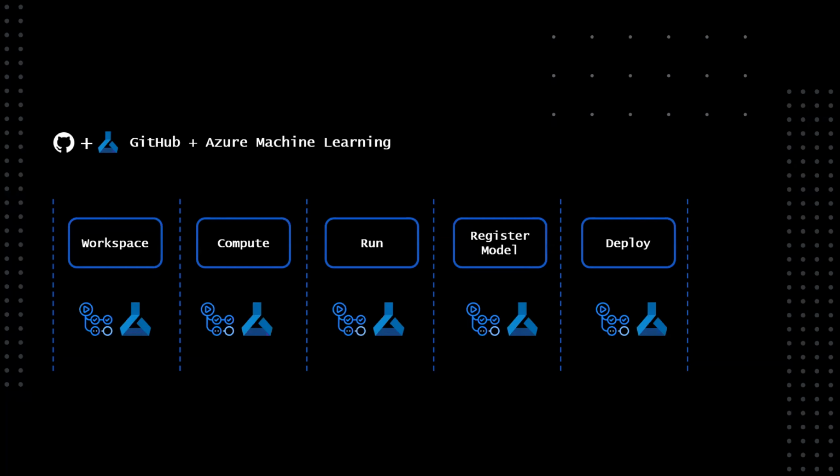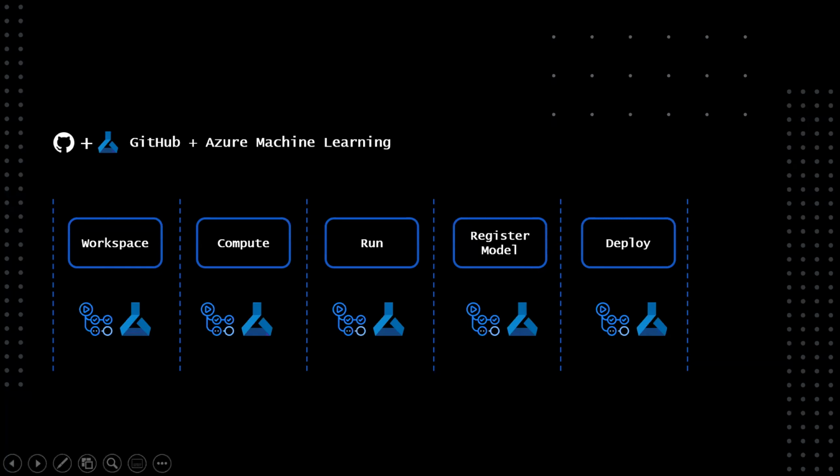We have built those modular actions, which you can use to simply set up an MLOps process based on the tools that we have already discussed quickly. Those are built for Azure Machine Learning and can be used within GitHub. And what we came up with as a first step is 5 separate GitHub Actions.